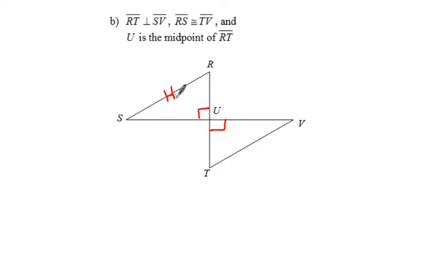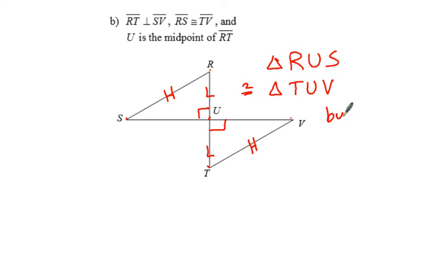The hypotenuse matches the hypotenuse, and the leg matches the leg. So we can say that triangle RUS is congruent to triangle TUV by the hypotenuse leg criterion.